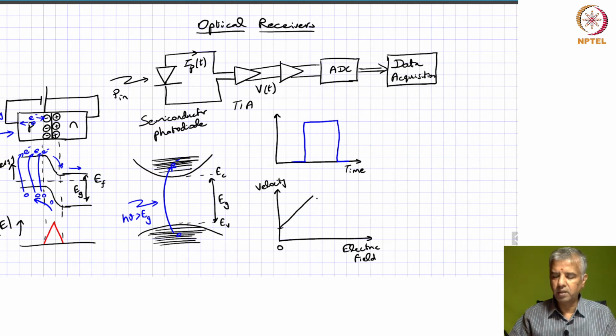Basically the velocity increases, and it attains a certain velocity which is called the saturation velocity, and then a further increase in the electric field doesn't change the velocity. This increase in velocity as a function of electric field is what we call the drift phenomenon.